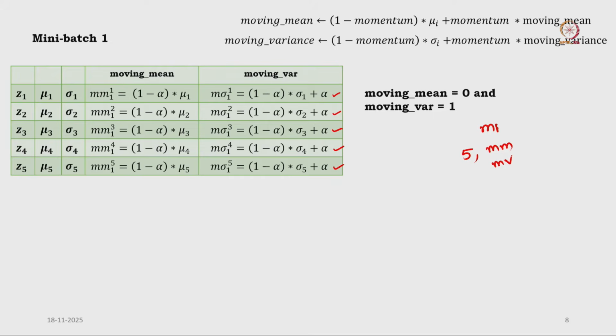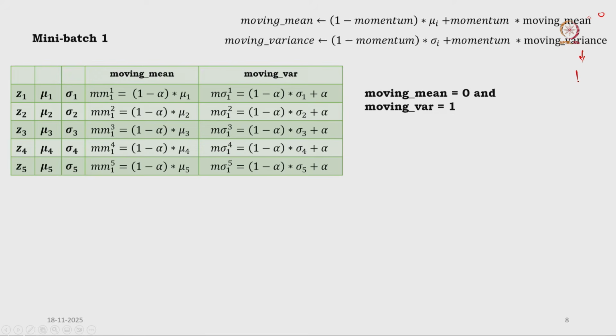So for the first mini batch, for 5 neurons at a hidden layer, we have 5 mu and variance or standard deviation, and 5 moving means and moving variances. And for the first mini batch, the moving mean value will be 0 and the moving variance value will be 1.